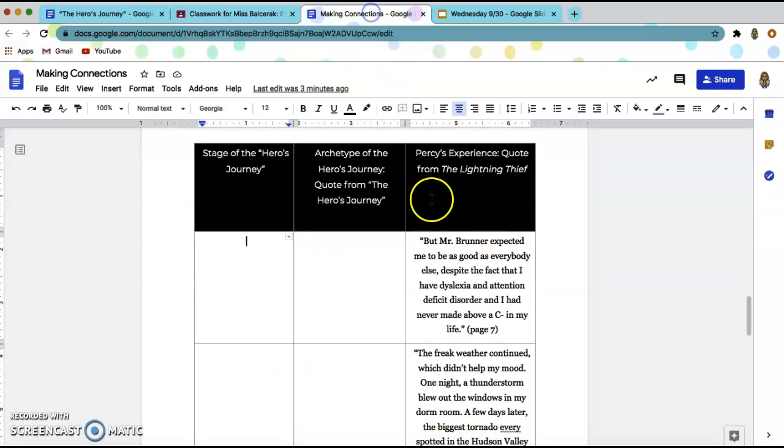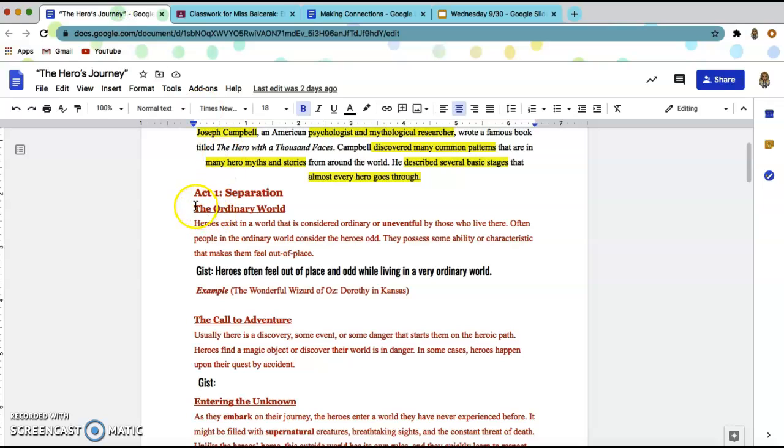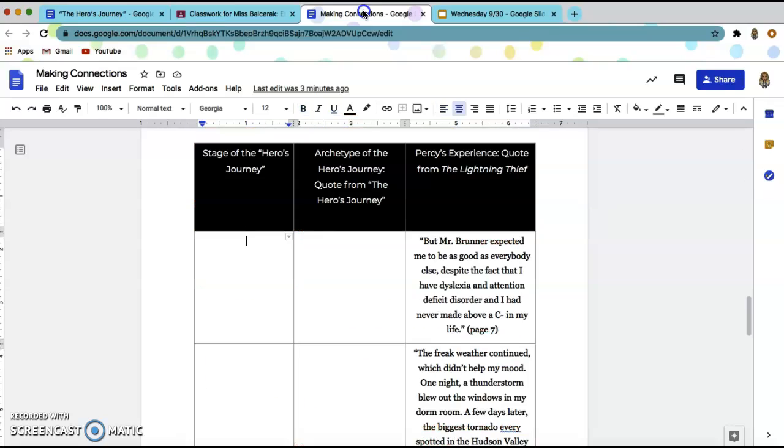And I think that definitely goes with this quote because it talked about Mr. Brunning wanting Percy to be as good as everybody else, but Percy doesn't feel as good as everyone else because he has dyslexia and attention deficit disorder. So the stage of the hero's journey that I'm going to put is, bolded and underlined, the ordinary world. That's the stage that I think Percy is in this section.